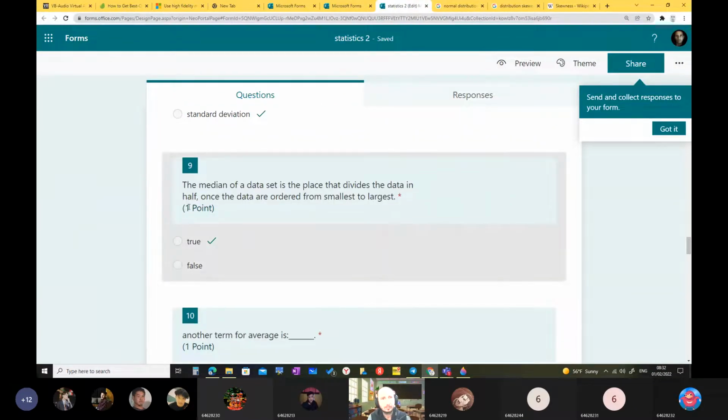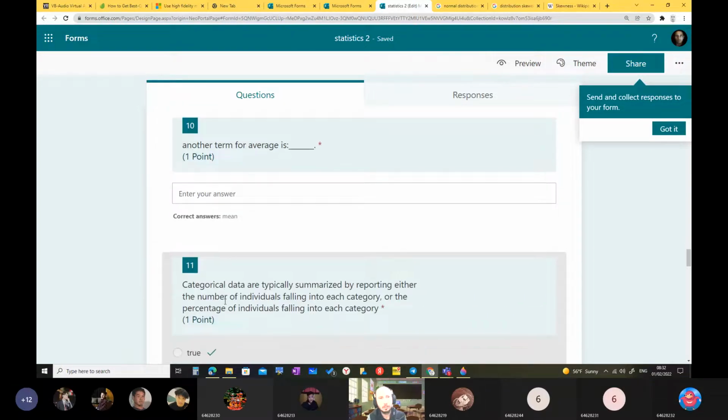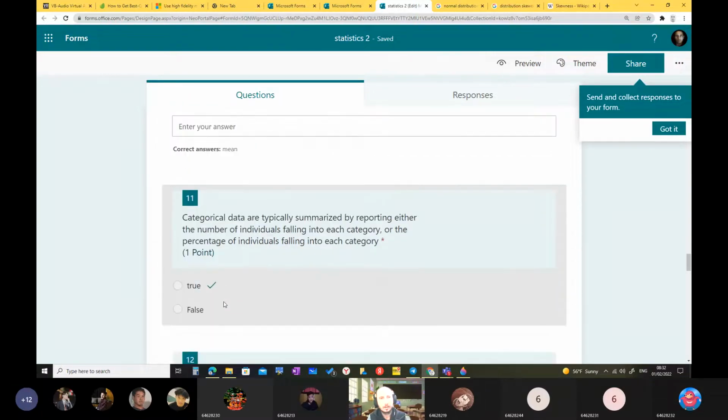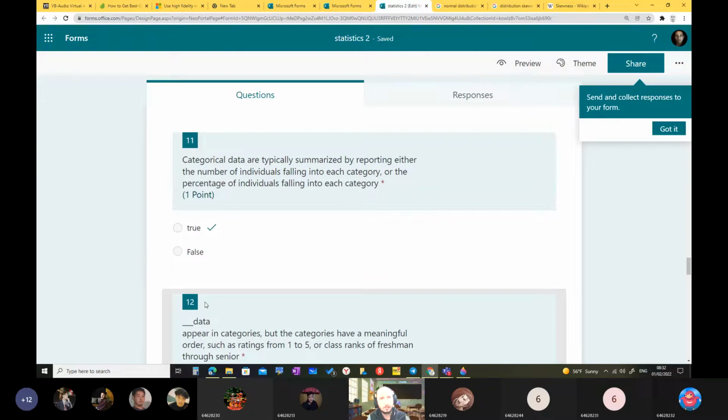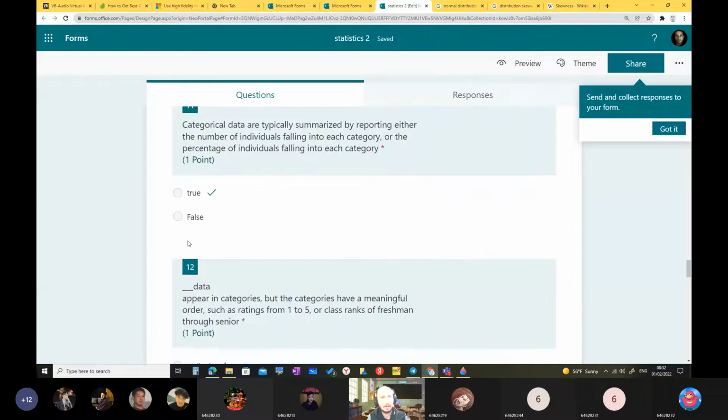The median, right, of the data is the place that divides data in half. When we put all the numbers from low to high, the median will cut it in half. Average is also called mean. Categorical, category. How many boys, how many girls? 10% boys, 10% girls, okay?